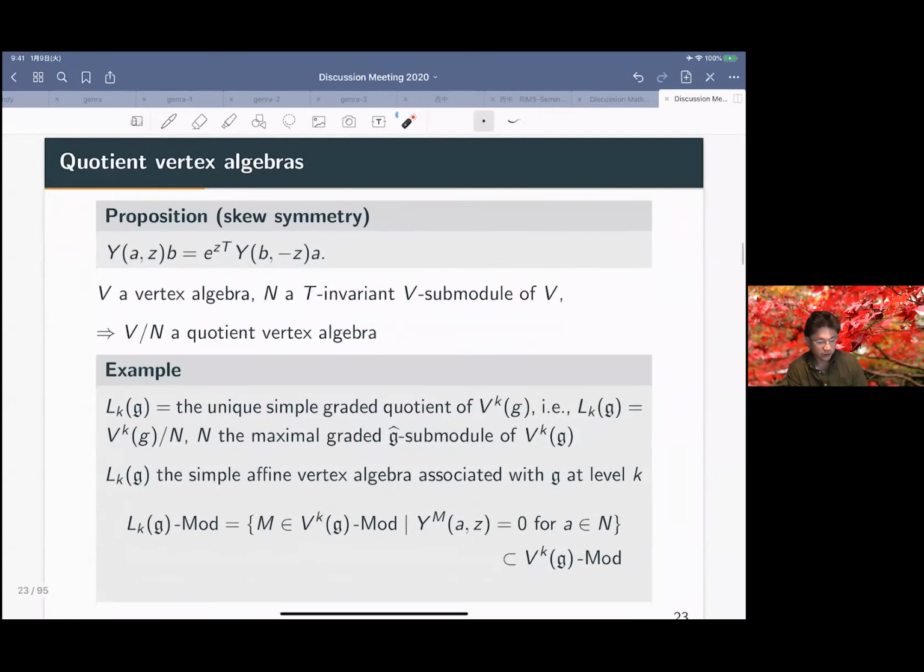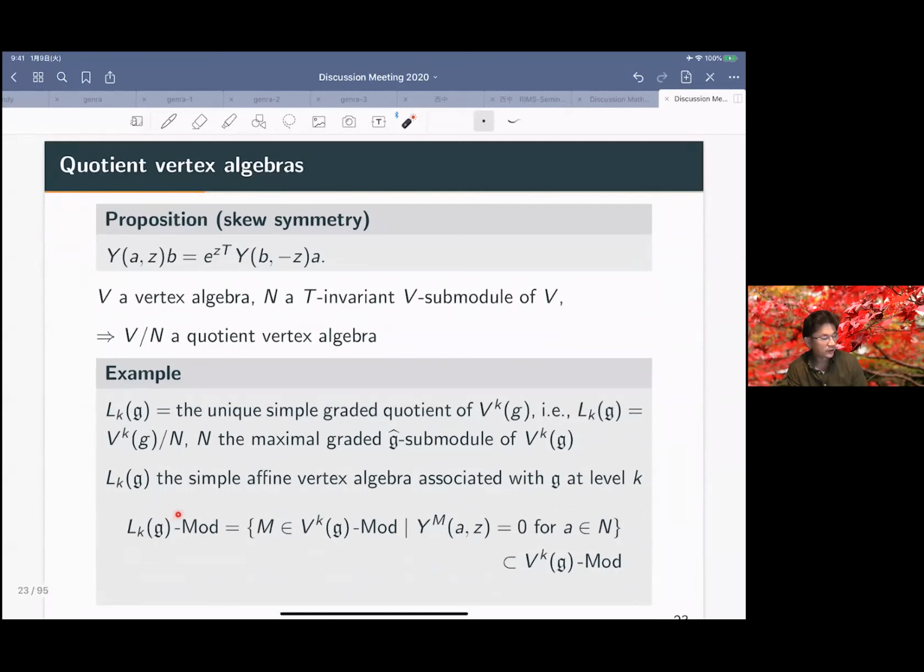And the category of modules over this simple affine vertex algebra is a full subcategory of the category of V^k(g) modules, which is the same as the category of smooth ĝ-modules of level k, consisting of objects such that the field corresponding to this submodule N is identically 0.